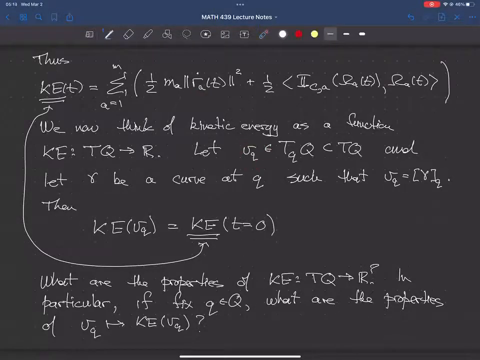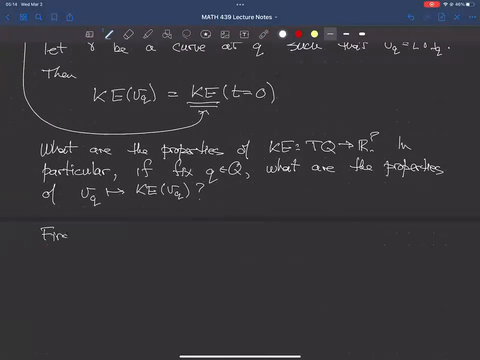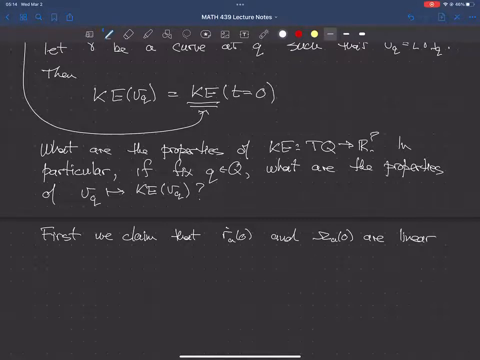So let's try first to understand that. So first, we claim that RA dot of 0 and actually omega A at 0 are linear in VQ.